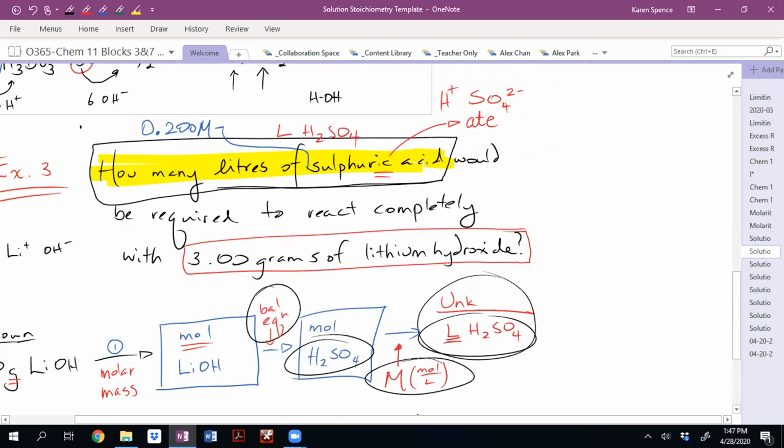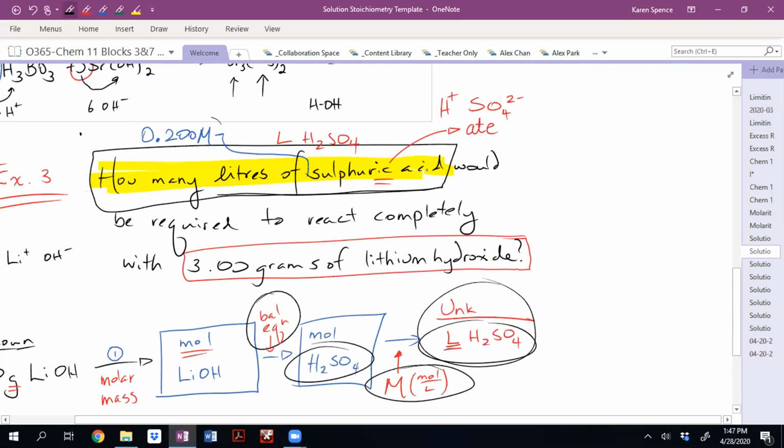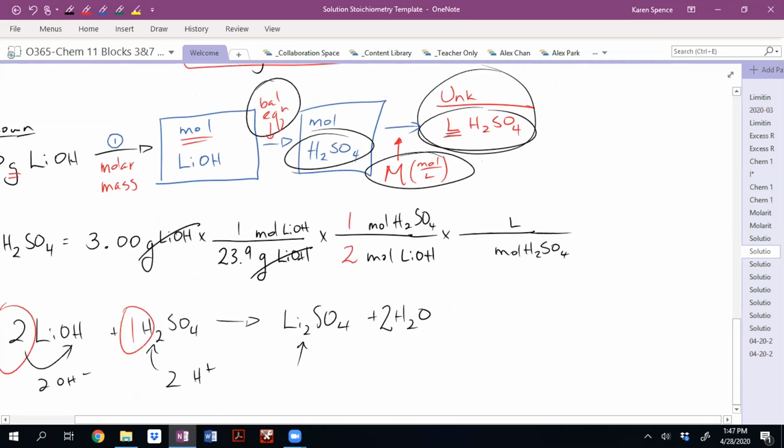It says we have 0.200 molar H2SO4. Do I put the 0.200 on the top of this conversion factor, or do I put it on the bottom of this conversion factor?